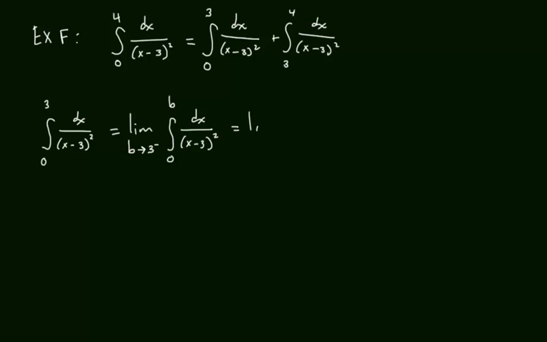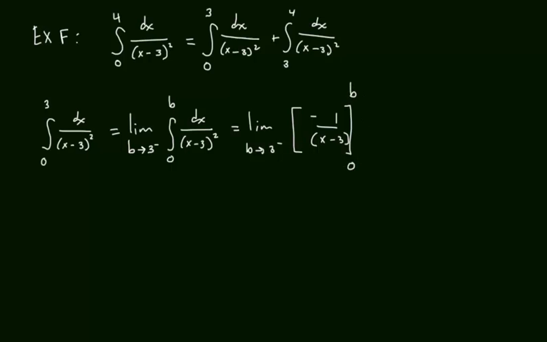The antiderivative is negative 1 over (x minus 3).